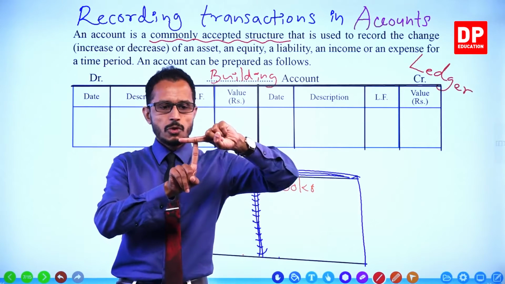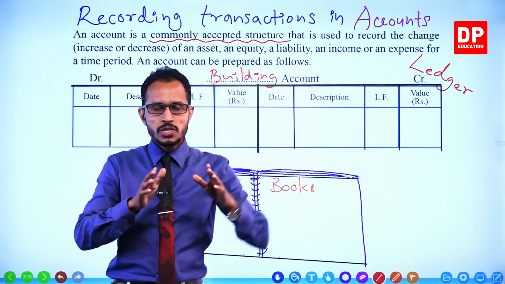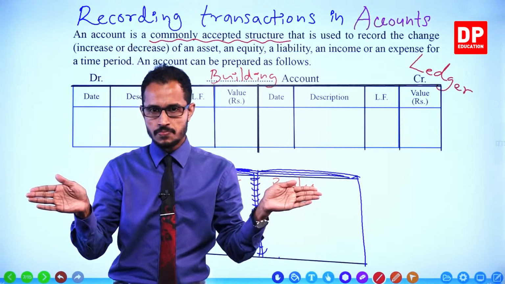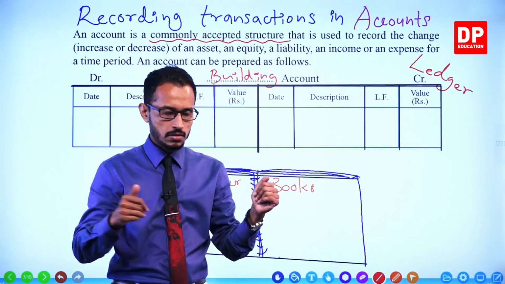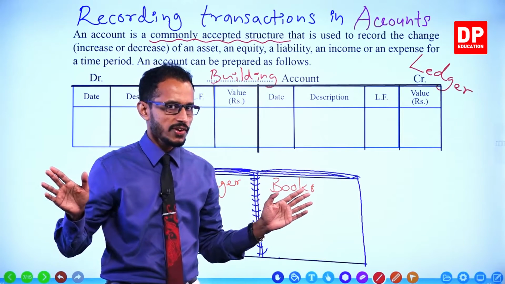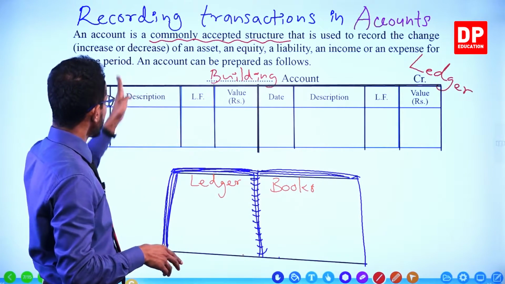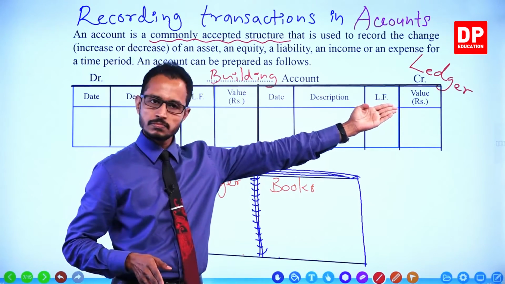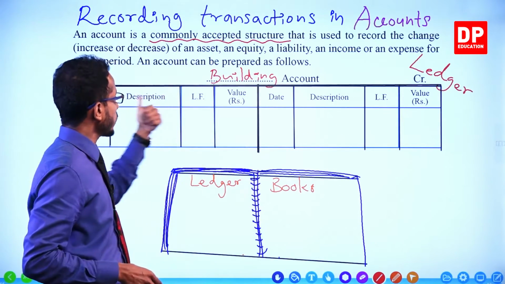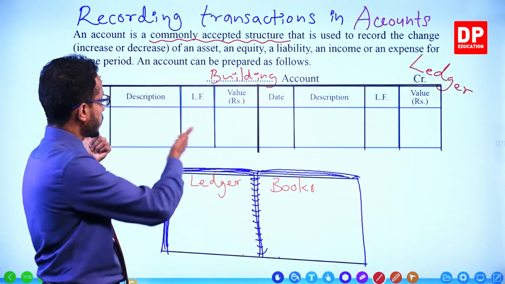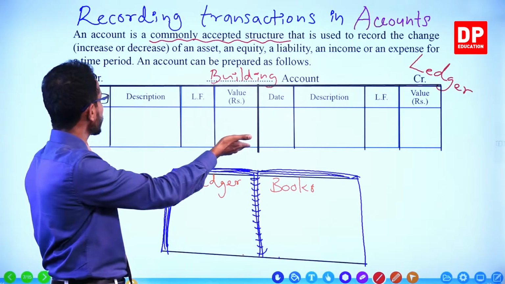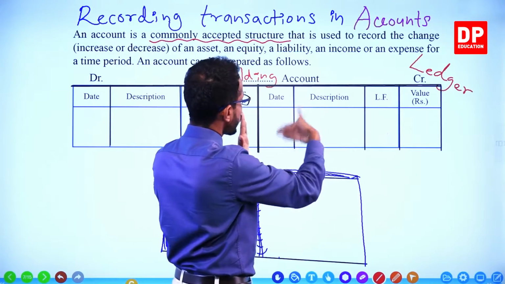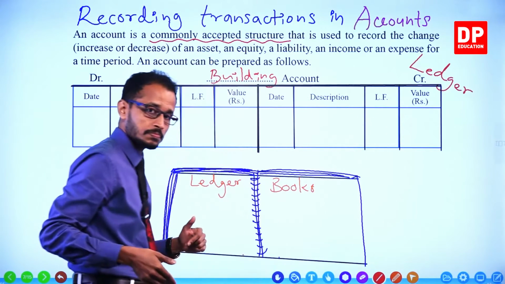Well, children, it becomes easier because the two sides are equally divided by the T. Before you draw any columns, just draw the T first. Then you divide the left hand side into 4 columns, right hand side into 4 columns.